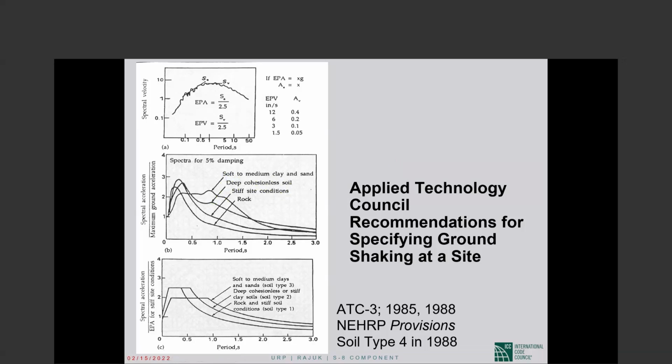For those different soil conditions, rock, stiff site conditions, deep cohesionless soil, soft to medium clay and sand, he came up with smoothed average spectra, as you see in the figure. Okay.